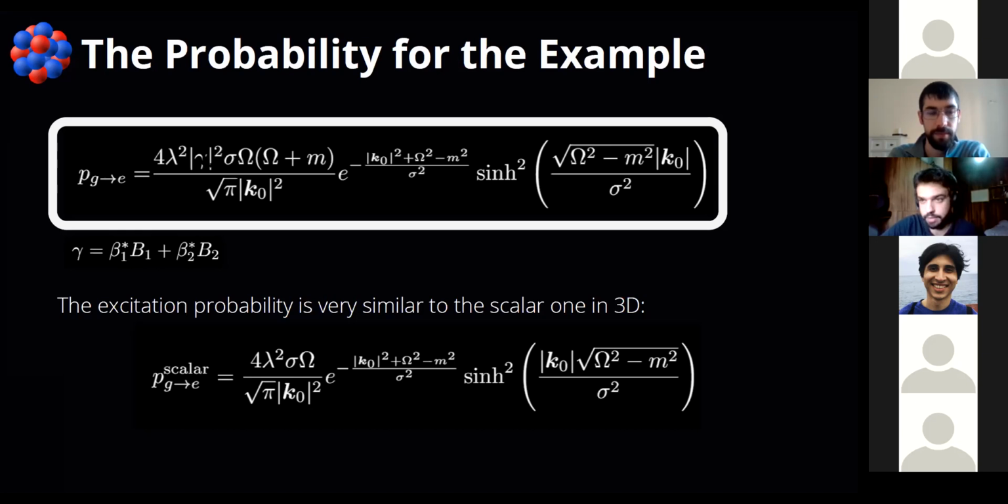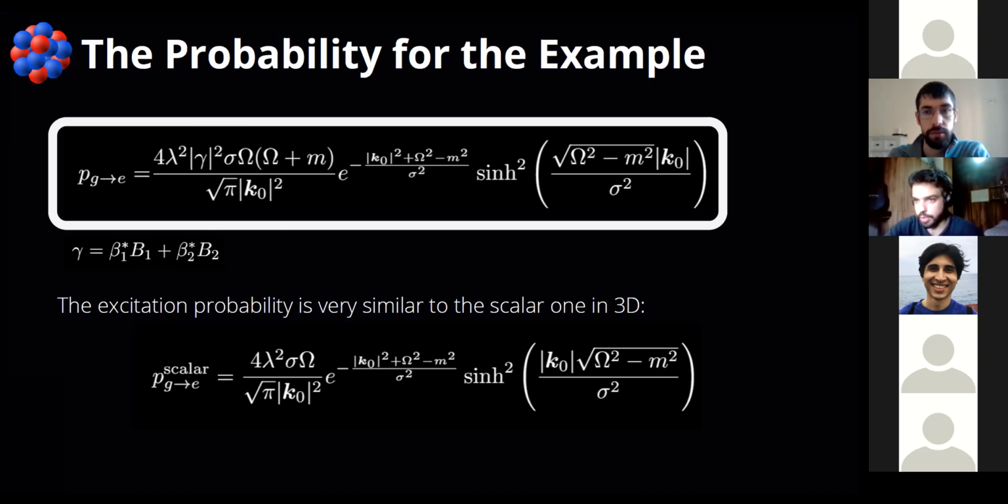The units of gamma have to change because B1 and B2 are components of a spinor. But other than these two, everything is the same, even the factor of square root pi. And of course, there's this mass dependence, which tends to increase the probability even more with mass, but that is pretty much it. And the fact that it filters down only the antiparticle content of the field, right? So these would be the major differences between the scalar one and the fermionic one.